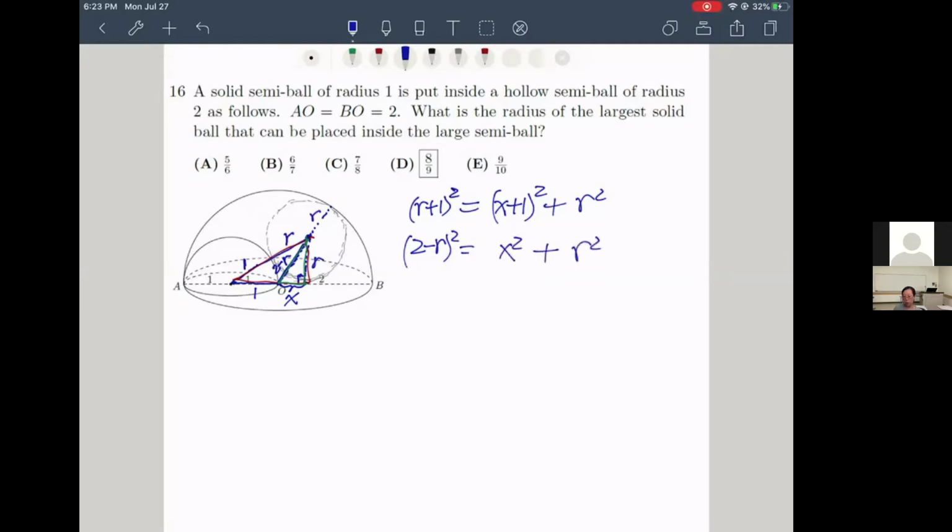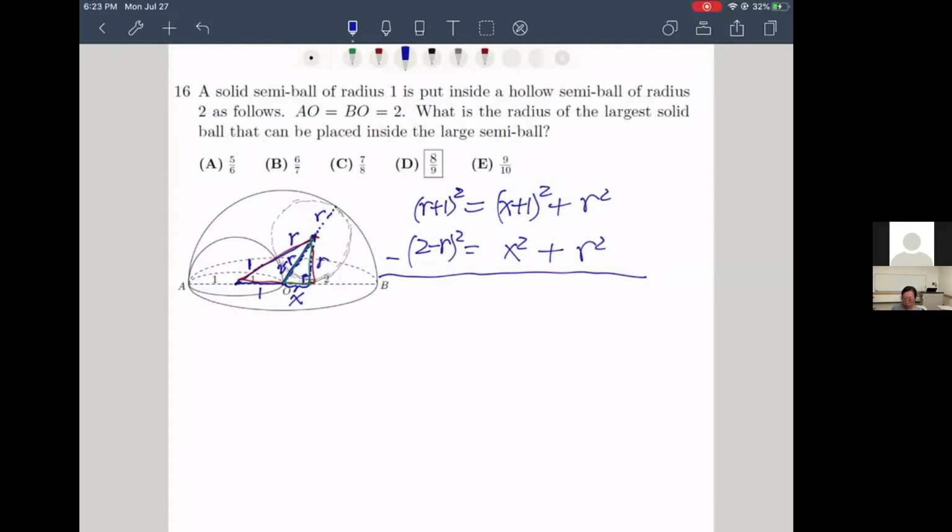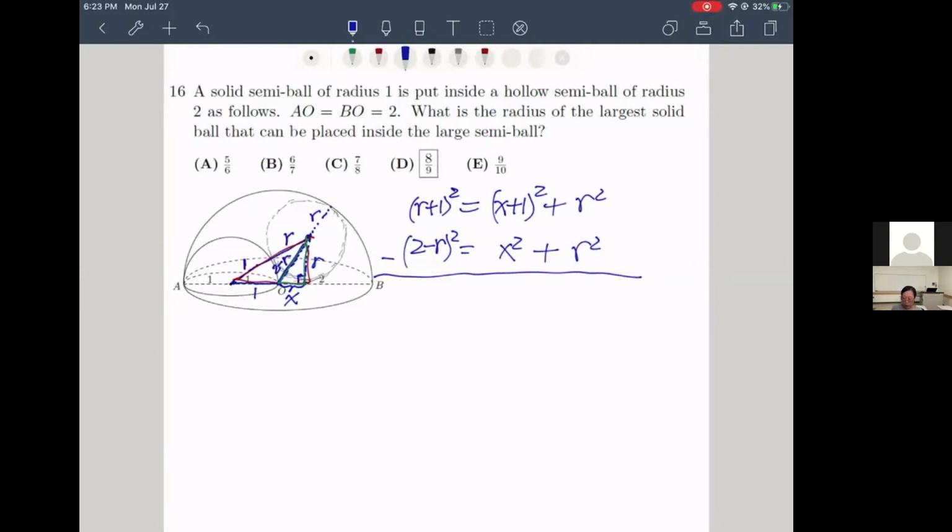Okay, we have two variables and two equations. Let's subtract them because we see that both of them have r squared. On the left-hand side, the r squared terms are canceled.